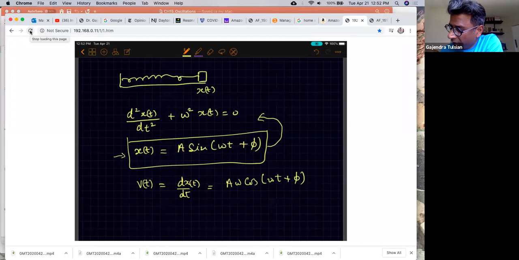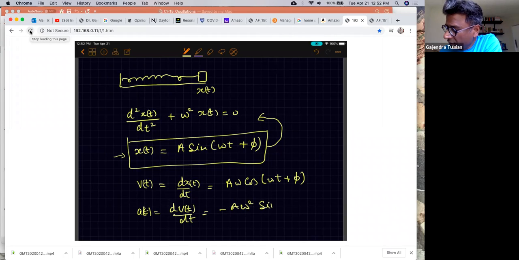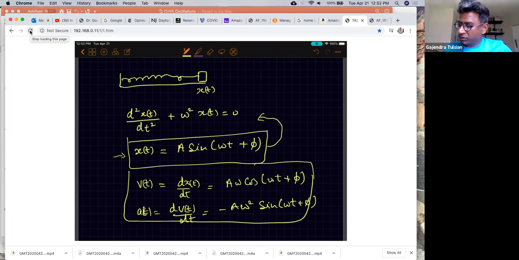I can calculate the acceleration as a function of time, which will be dv by dt, and that will be minus A omega squared sine(omega t plus phi). So there you go. This one slide summarizes almost the entire chapter.